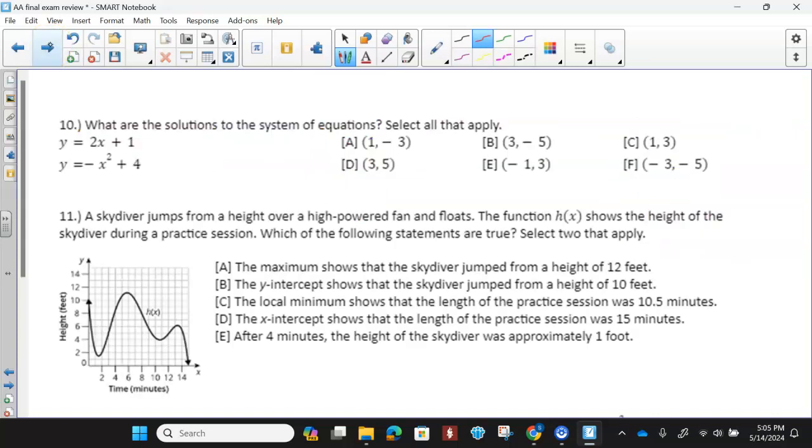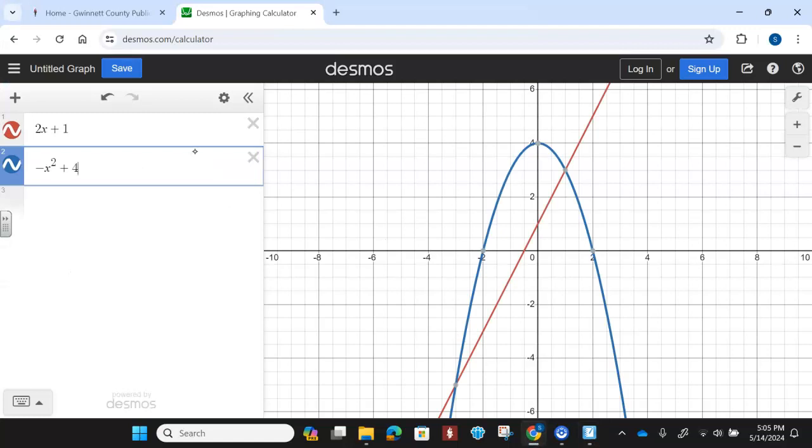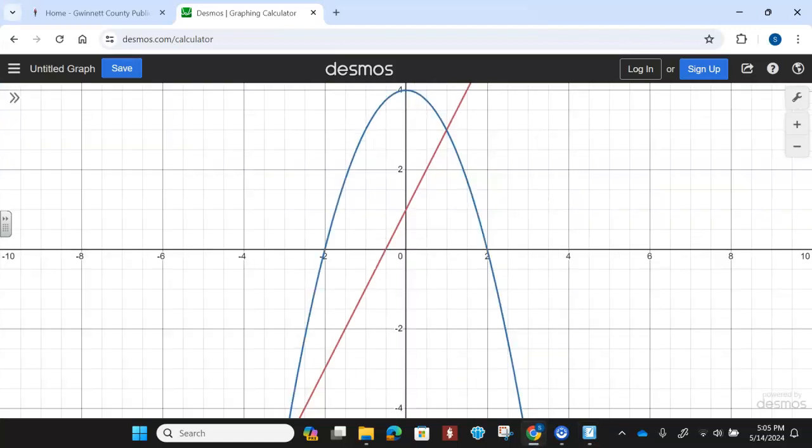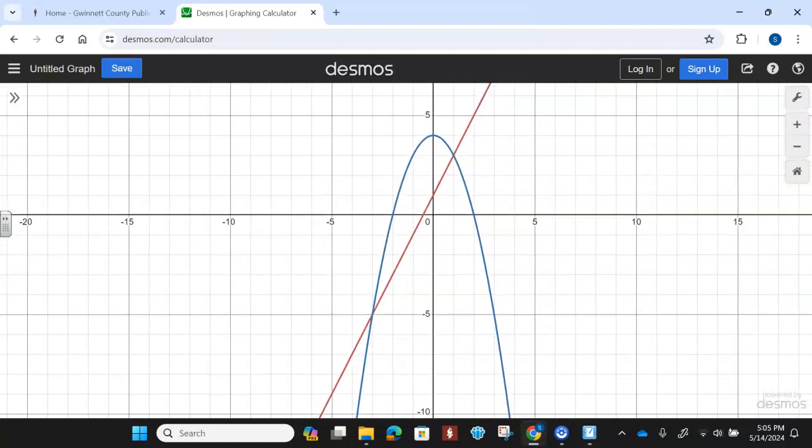So now number 10, we're solving a system of equations. So what do we have to do? Well, you can graph in Desmos, right? Because what is the solution? Where they intersect, right? Where they cross. So graph in Desmos, and it's going to look like this. So notice, and again, if you need to, move the window so you can see that there are two solutions here at 1, 3 and negative 3, negative 5.